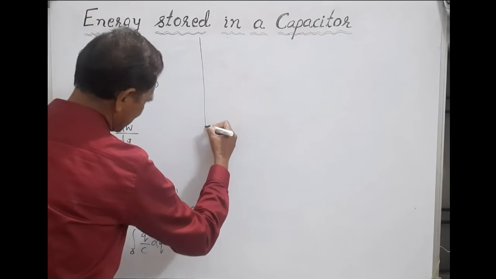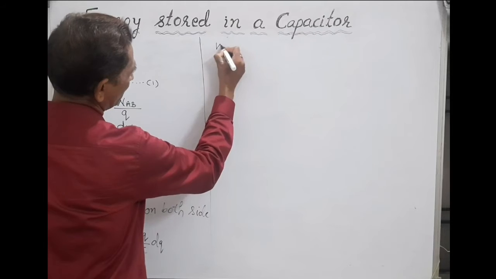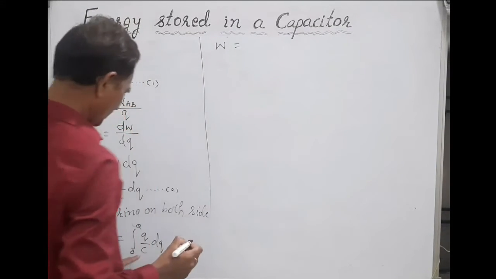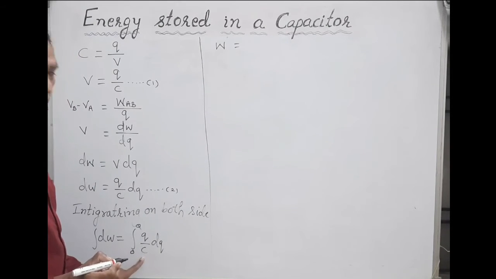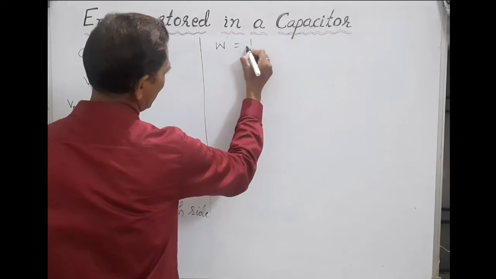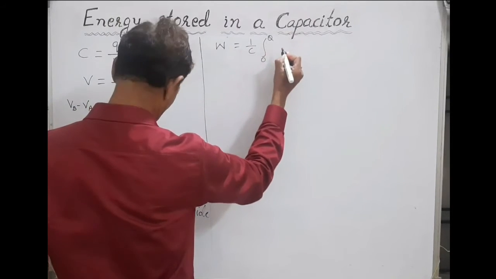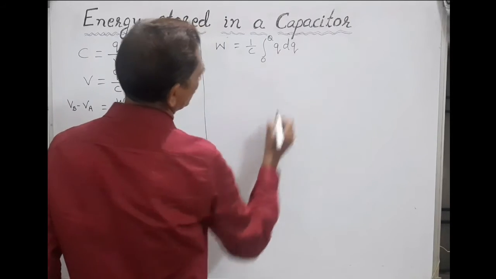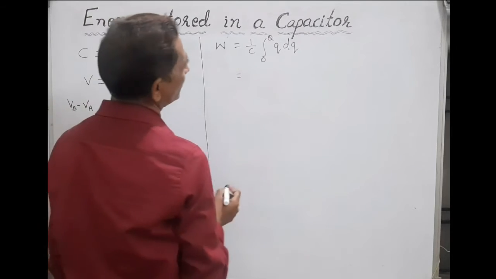Now integrate: dw is equal to w. Here C is the capacitance of a capacitor, which is a constant term. We take it outside of the integration, 0 to q, dq. Now find out the integration of q dq.